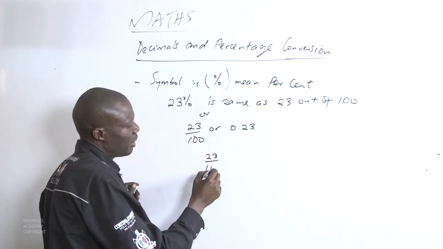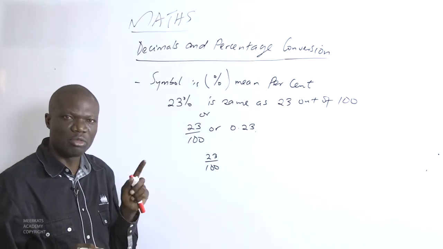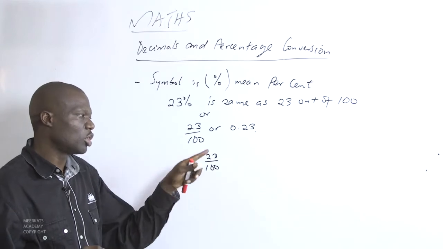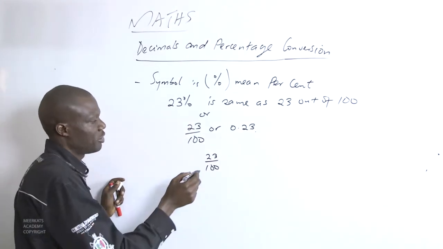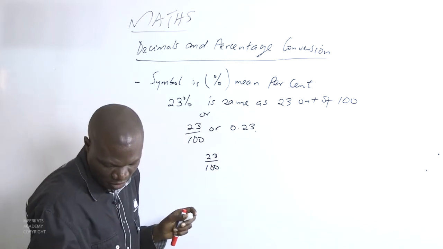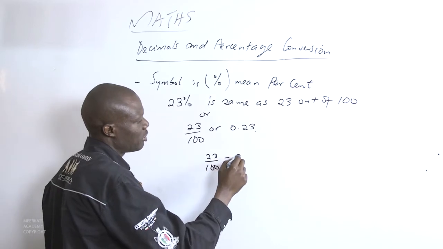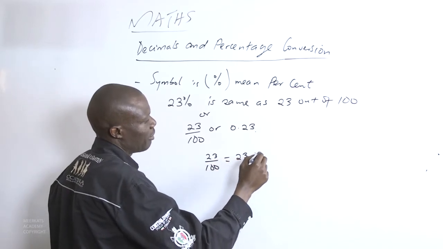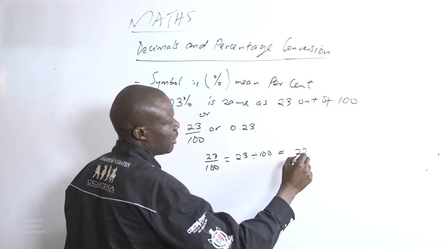23 over 100. I'm saying this is done by simply moving the decimal point 2 places. This is 100, so 2 places to the left. So for this particular case, this is the same as 23 divided by 100, which is now 23.